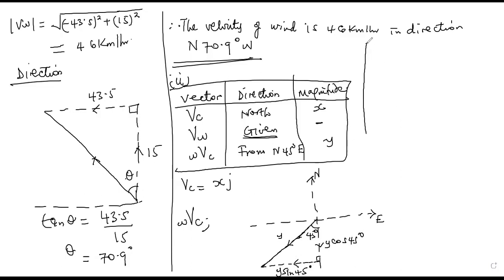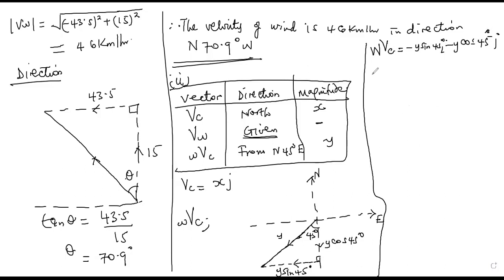This would mean that velocity of wind relative to the cyclist is, we begin by mentioning the I component, but it is in the negative, so it will be negative y sin 45 degrees, then minus, because this is also in negative, y cos 45 degrees, then j.